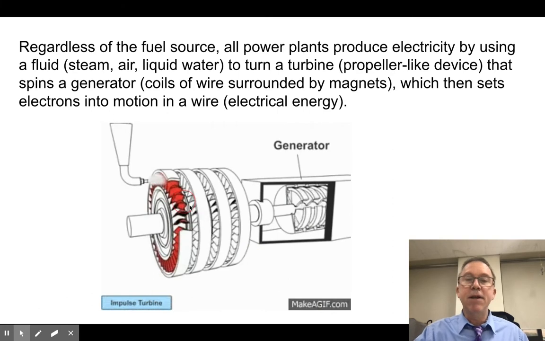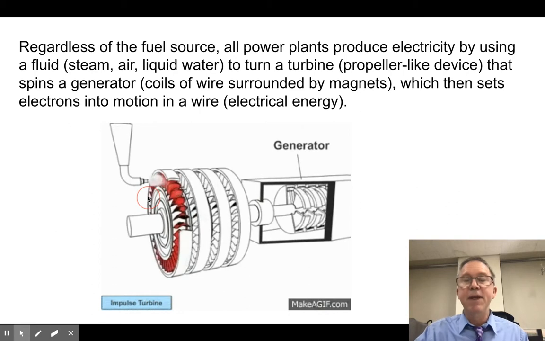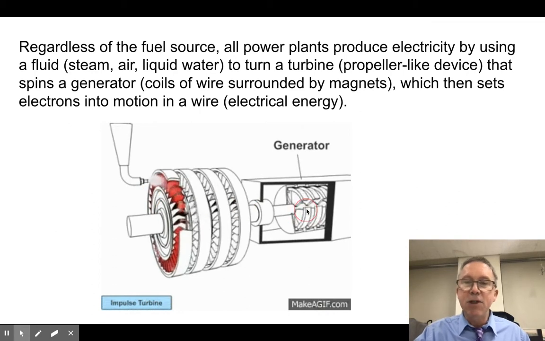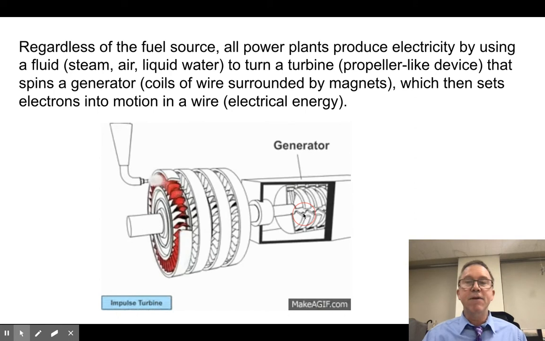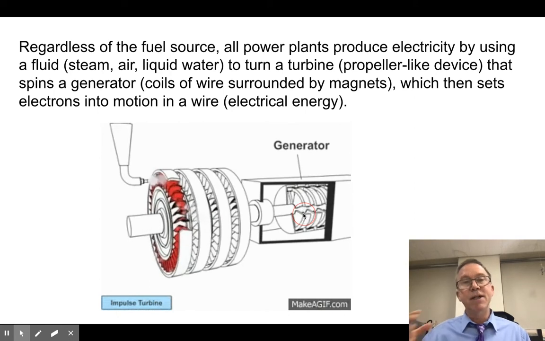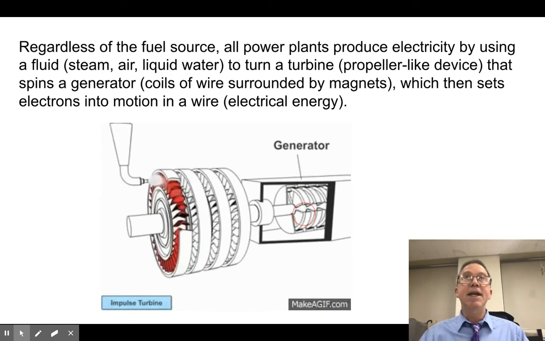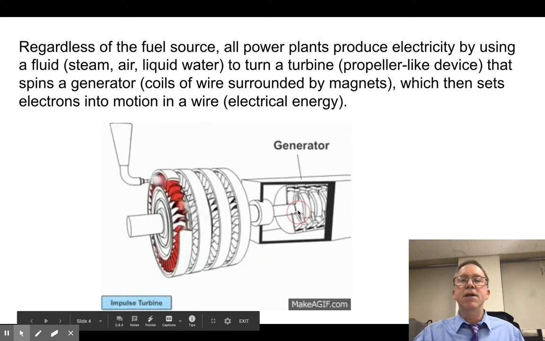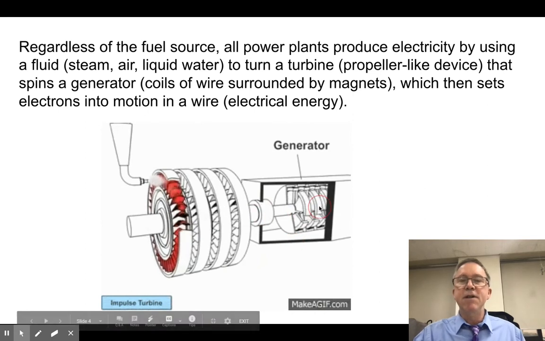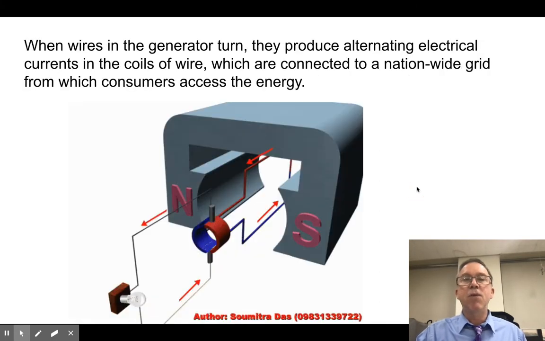Basically, these propeller-like devices called a turbine are being moved by the flow of a fluid, and then it's connected by an axle to this thing called a generator, which houses a bunch of coils of wires that are forced to spin inside a very powerful magnetic field. And it turns out that when you spin electrons inside a magnetic field, it energizes the electrons and converts this kinetic energy of the spinning turbine into the electrical energy, the kinetic energy of the electrons in a wire.